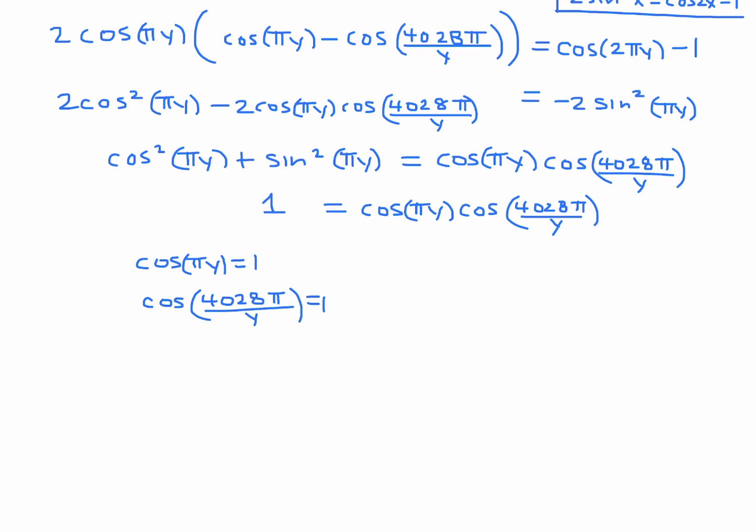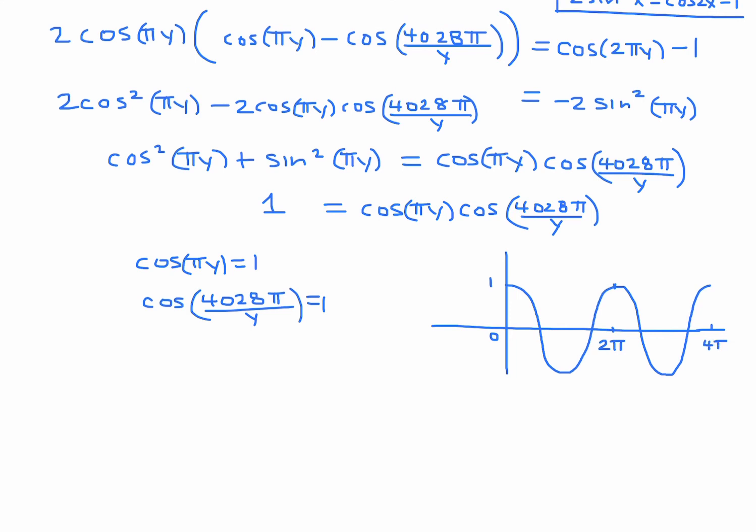So if you remember that cos graph, it's basically going back and forth like that, right? And we want to know, when is it 1? Well, it's 1 here at 0. It's 1 here at 360, so 2 pi. And then it's, again, going to be 1 here, which is 4 pi.